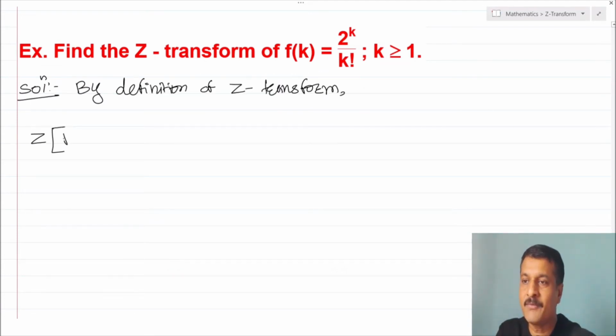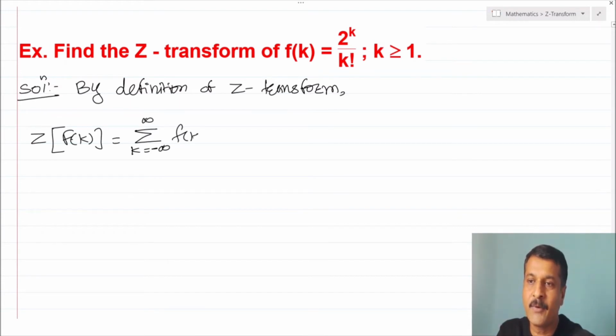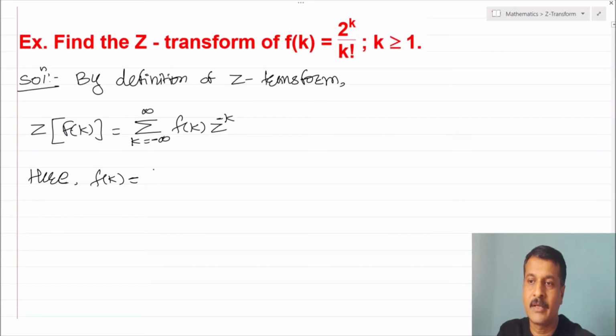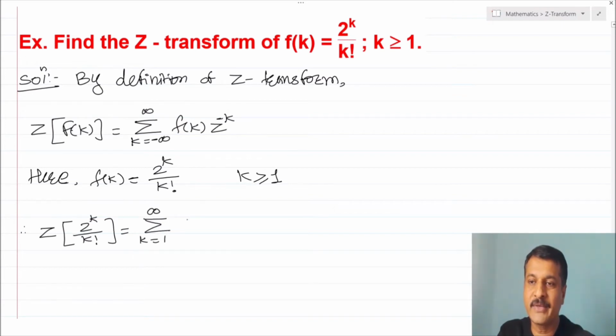Z transform of f of k equal to summation k varies from minus infinity to infinity f of k into z raised to minus k. And therefore here what is f of k? It is 2 raised to k upon k factorial, and k is greater than or equal to 1, and therefore I am getting Z transform of 2 raised to k upon k factorial equal to summation k varies from 1 to infinity, 2 raised to k upon k factorial into z raised to minus k.